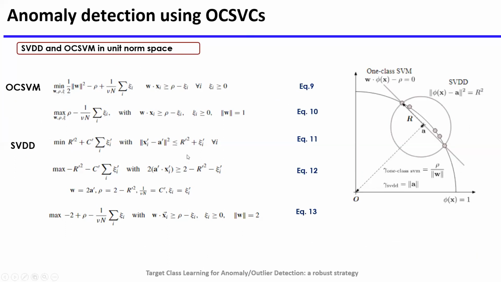And we can conclude that both SVDD and one class support vector machine behave the same in unit norm space. So either of the algorithms we can choose, and we must think about one class guided dimensional reduction, one class guided sample reduction, and no doubt one class classification.